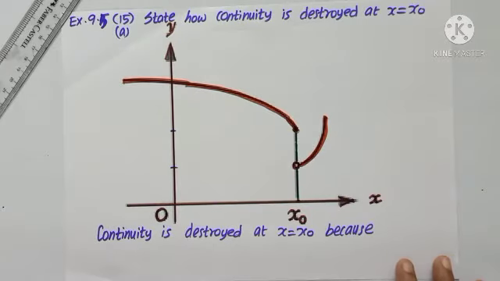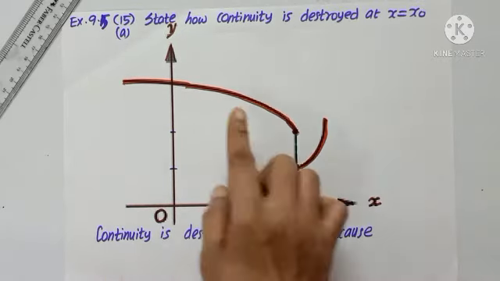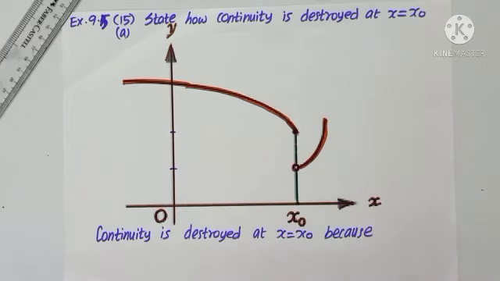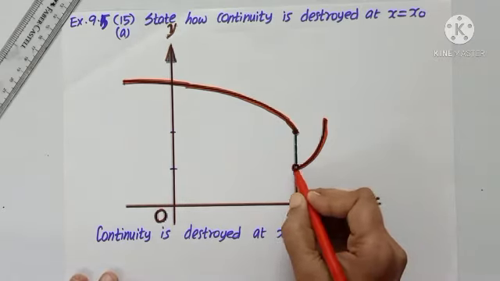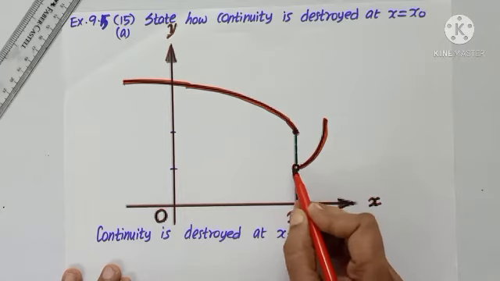Fifteenth problem, A part, state how continuity is destroyed at x is equal to x naught. Graph is given. We need to check whether it is continuous or not. As I look at the curve, here there is an open circle which tells us the function is not defined here.